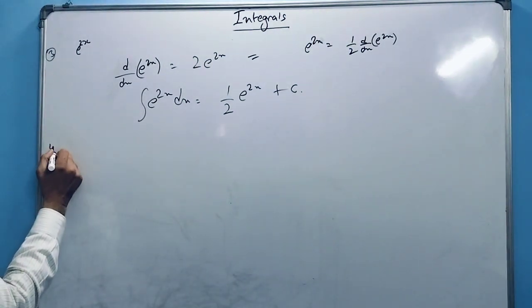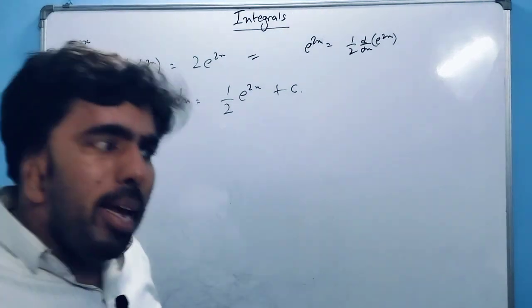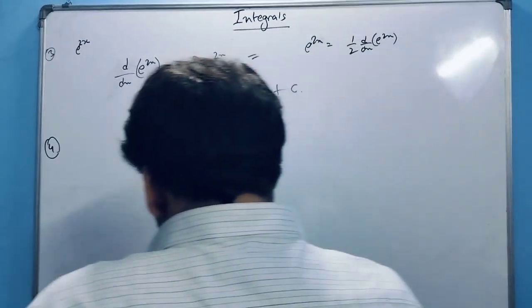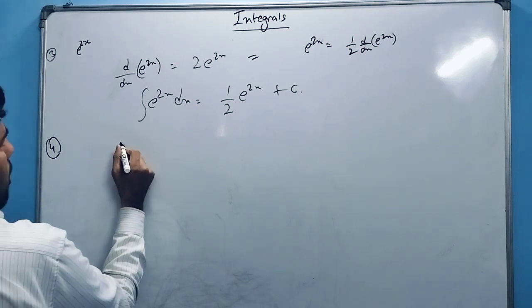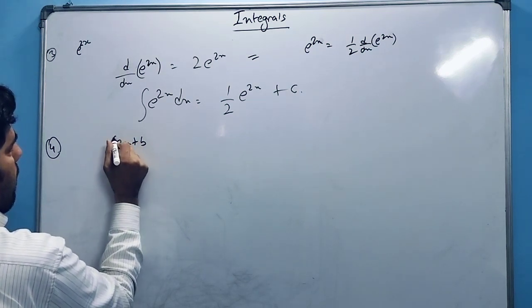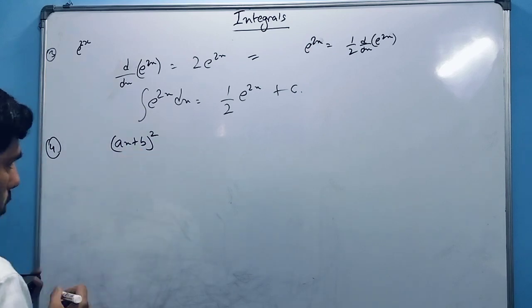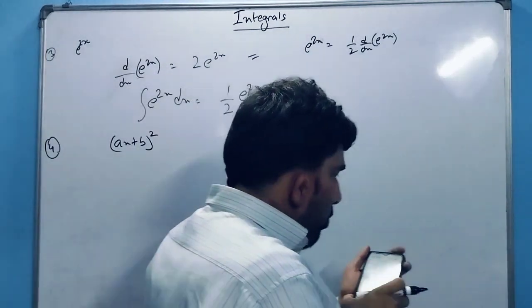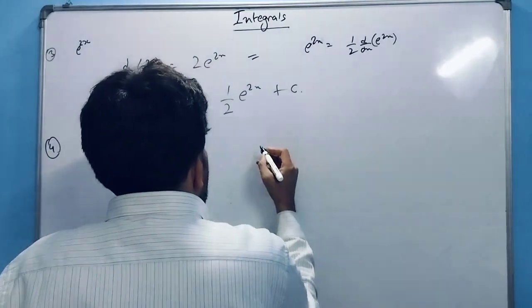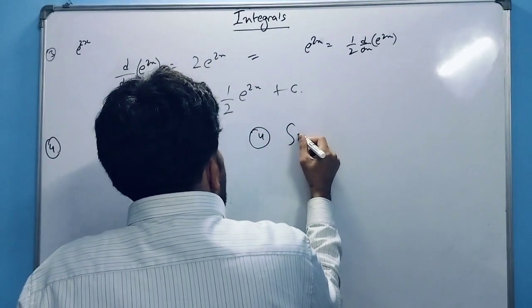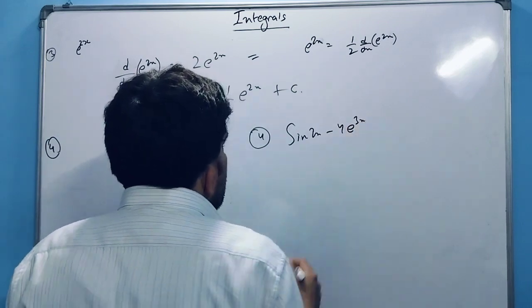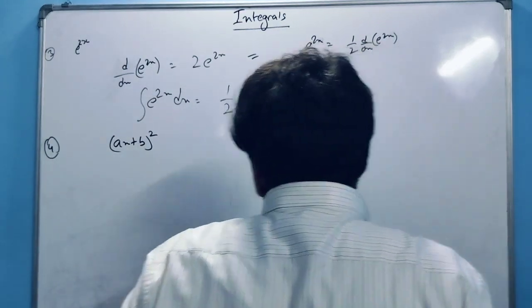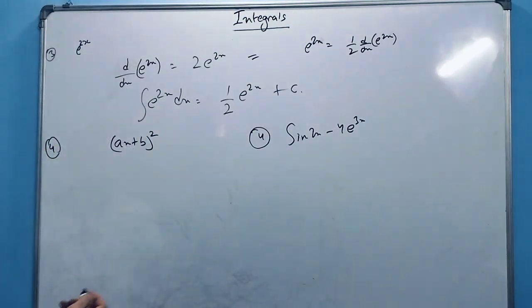Now let us try the next numerical, to find the antiderivative of (ax plus b) whole square. We need to find a function whose derivative is this.